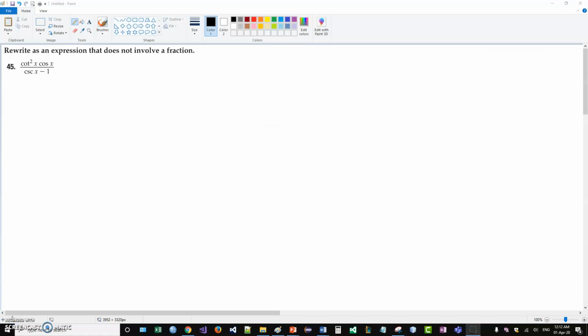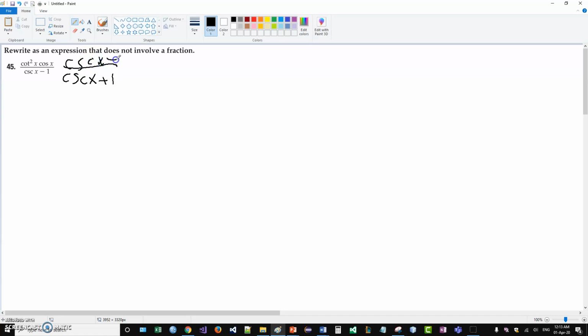Alright, so for exercise 45, rewrite as an expression that does not involve a fraction. As we've done before, first thing we need to do is multiply by the conjugate of the denominator, which is cosecant x plus 1.